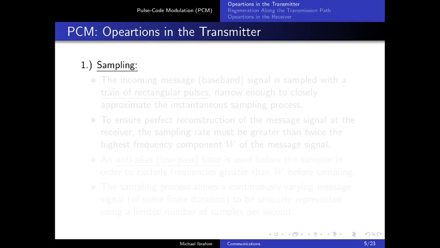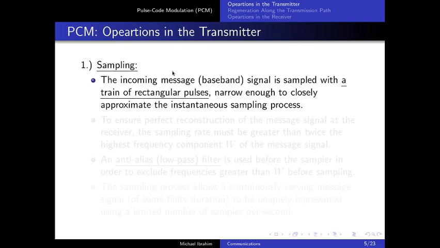Okay, so let's take a closer look at the operations performed in a PCM transmitter. The first operation is a sampling process. The incoming message is sampled with a train of rectangular pulses, narrow enough to closely approximate an instantaneous sampling process. As you can remember, in instantaneous sampling, we multiply the message with a train of impulses.